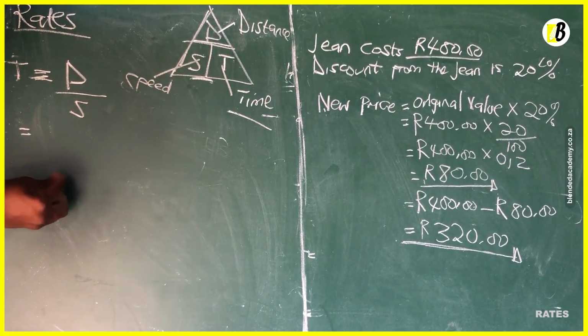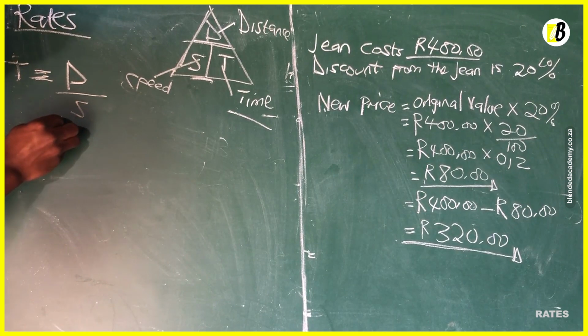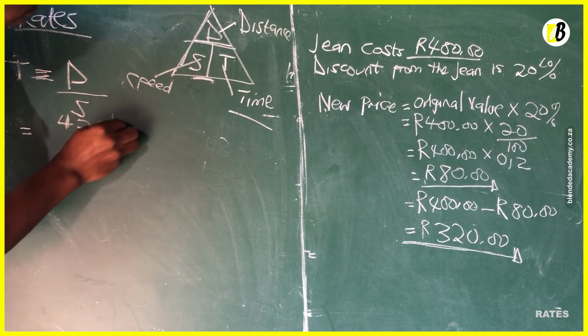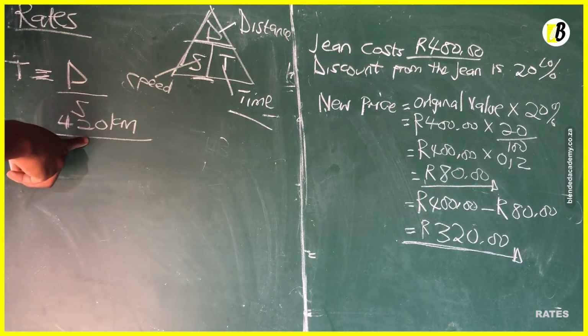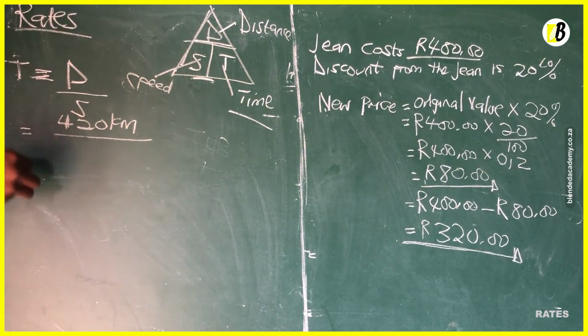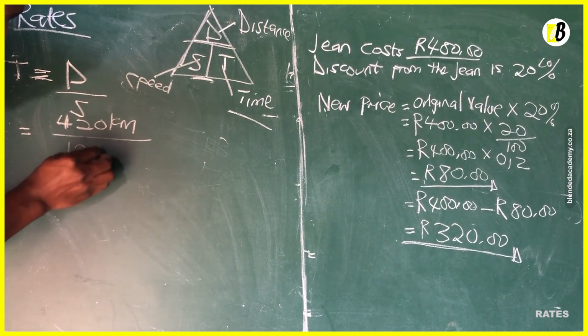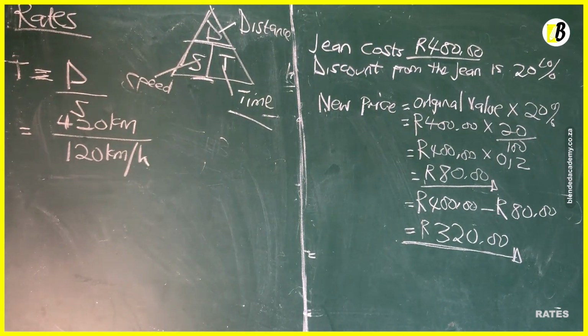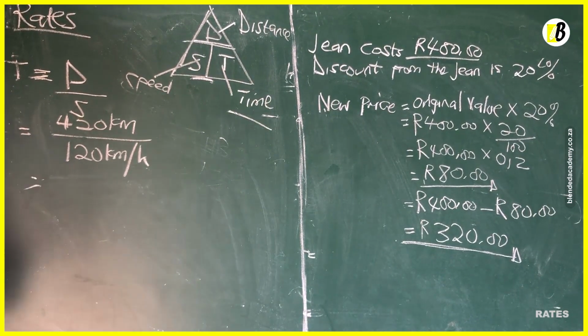So now, what is our distance? Our distance is 420 kilometers. This is the distance from where I am to Johannesburg. Divided by speed. What is the speed? The speed is 120 kilometers per hour. Let's see if we can find time right there.